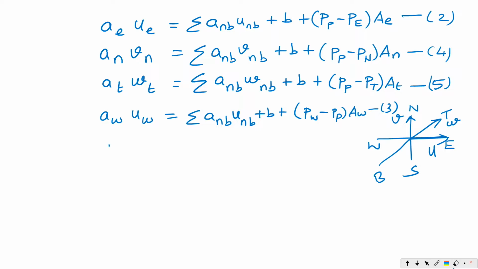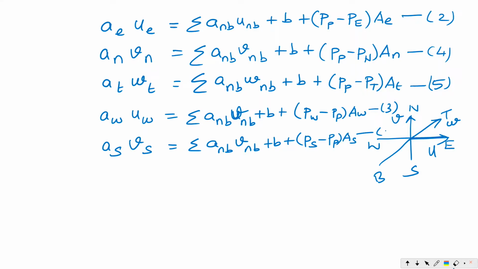Then the next equation: north means the other side will be the south side in the y direction. So as vs will be equal to sigma of anb vnb, here also it is v only, plus b plus ps minus pp of as. So it is equation number 6.